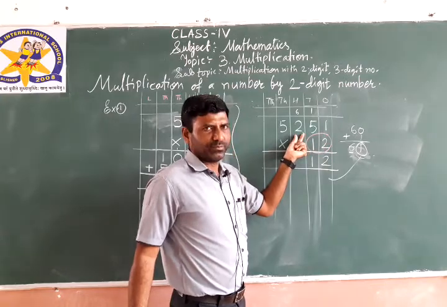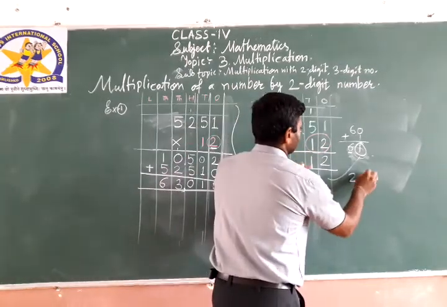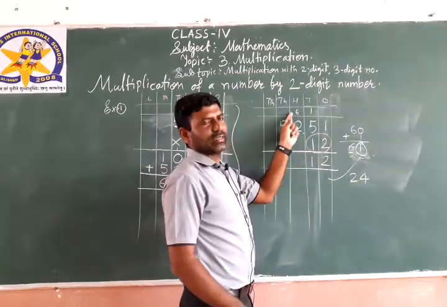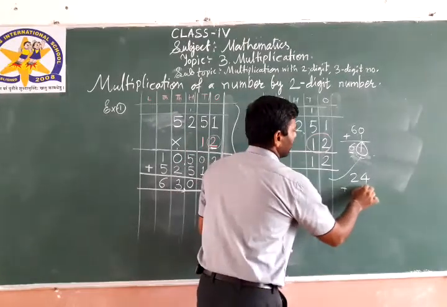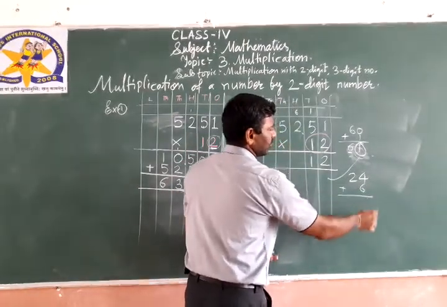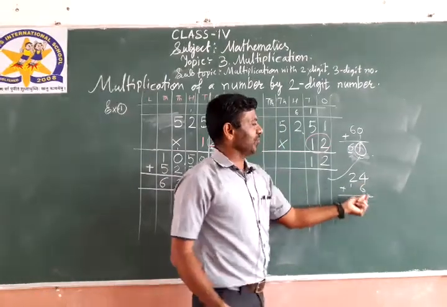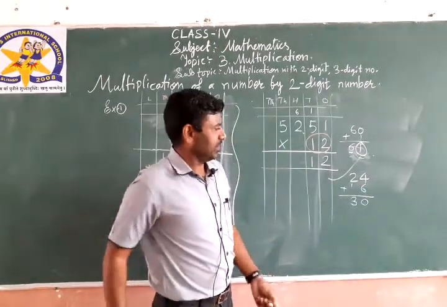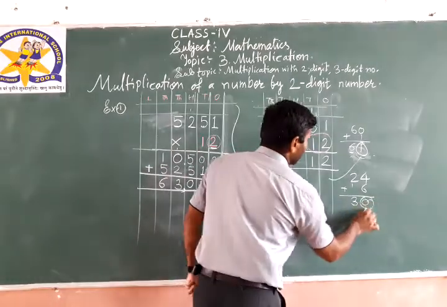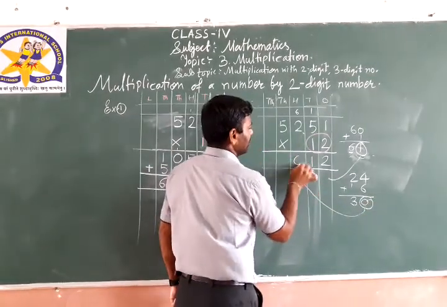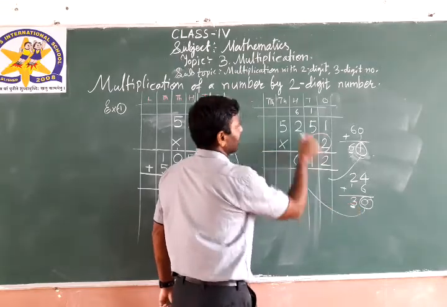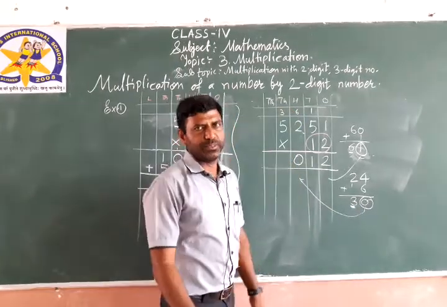12 twos are 24. Plus carry 6. 4 plus 6, 10, 0, carry 1. 2 plus 1, 3. Means 24 plus 6, 30. So 0 here, carry 3, carry forward.